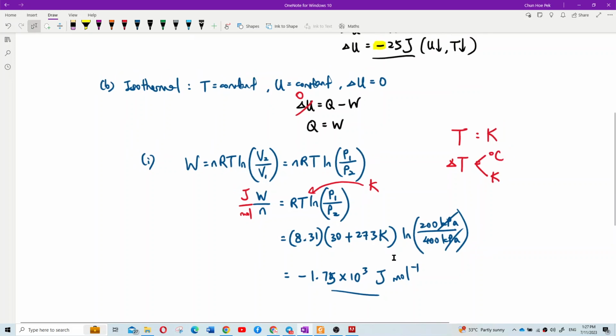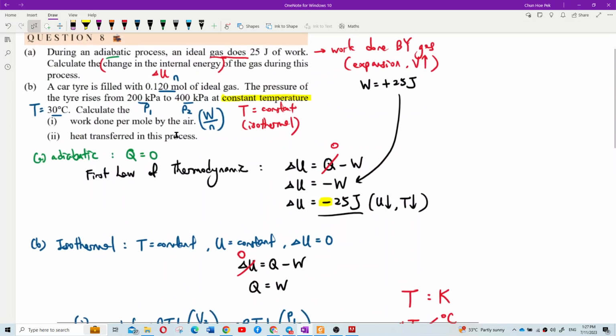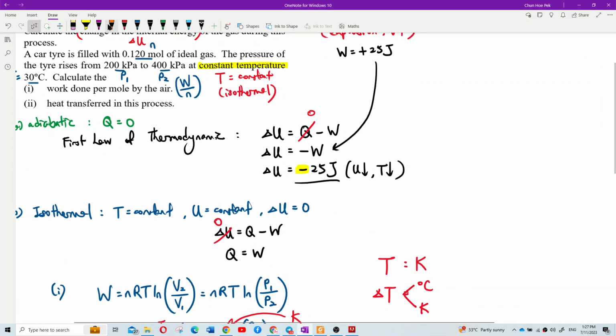Okay, pretty easy. So heat transfer in the process, question 2. What's the heat transfer in this process? To find heat transfer, we refer to this formula.